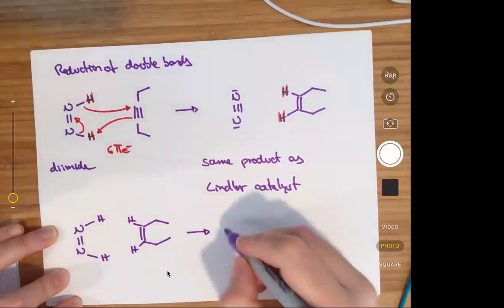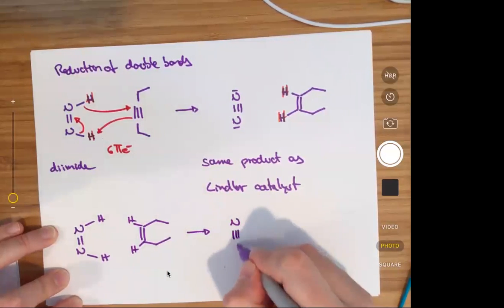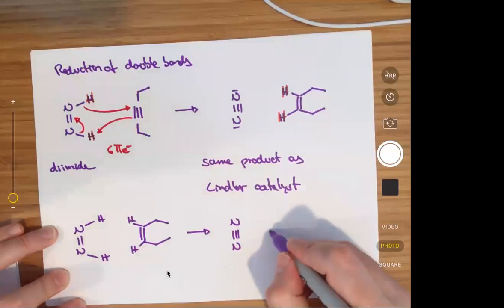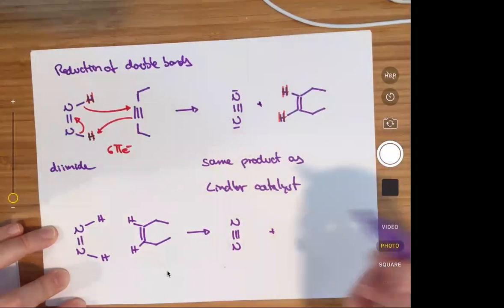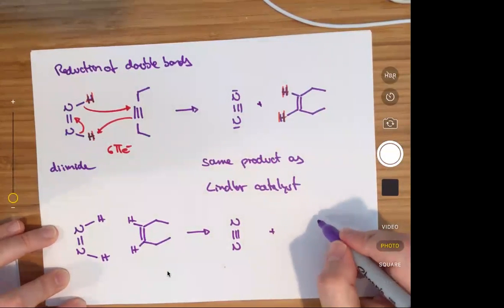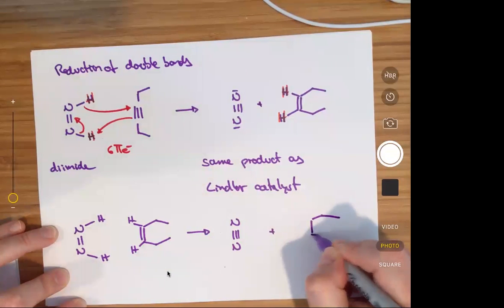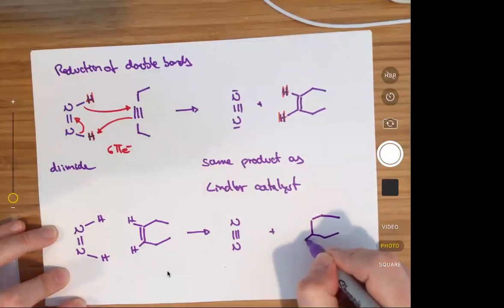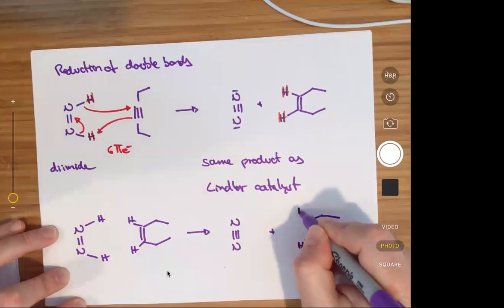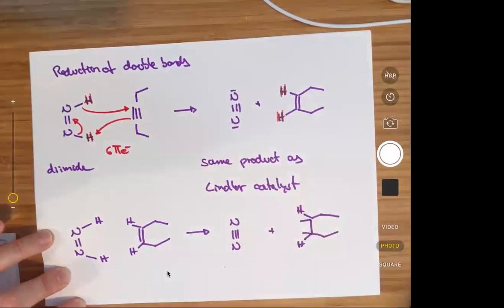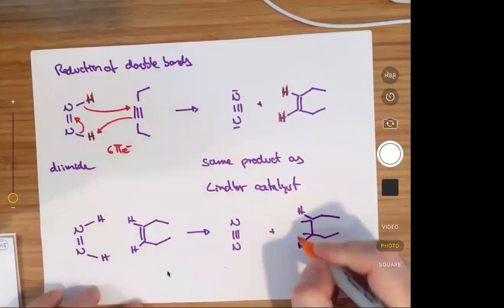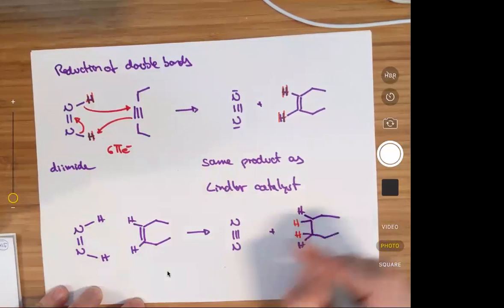You basically get dinitrogen again, and the product is essentially the reduction product, in this case hexane. So I have hydrogen, hydrogen, and then you have the 2 hydrogens that got transferred from here.